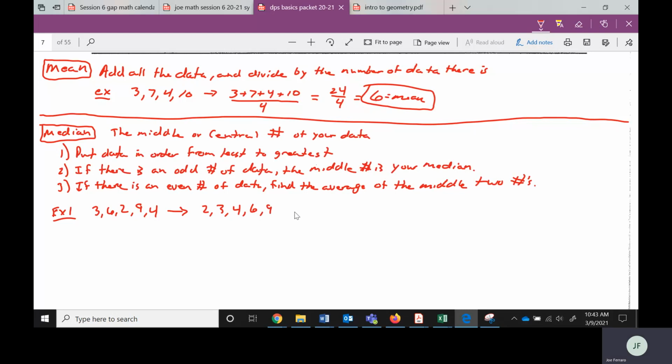Then we count. We have 1, 2, 3, 4, 5. There are 5 numbers, so we want to find the middle one. It looks like the middle number is 4. Make sure there are 2 before it and 2 after it. Yes, that's the middle number. So the median equals 4.